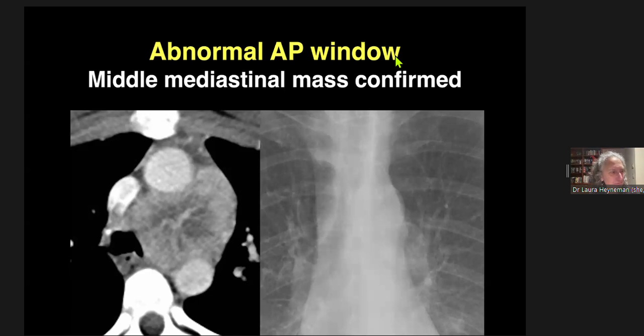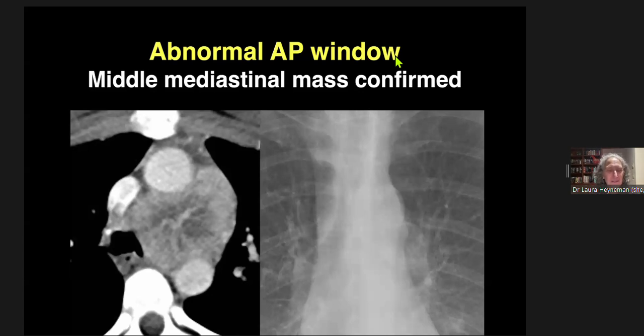And you can't be 100% right all the time. I'm sure somebody can find me a case of a lung mass that happens to just abut the mediastinum in such a way that it could be a mimic. But these are overarching rules.